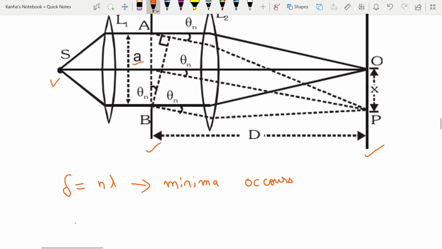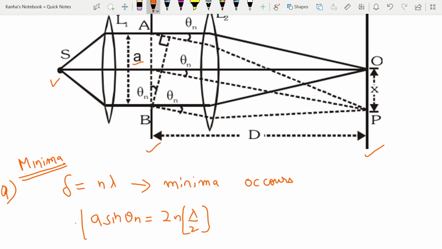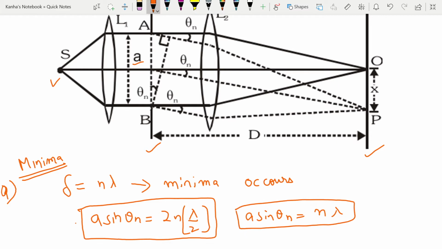For minima, I have the condition which says that a sine theta n is equal to 2n times lambda by 2, where n is equal to 1, 2, 3 and so on. This is actually n lambda. So a sine theta n is nothing but n lambda. This is the case for your minima.